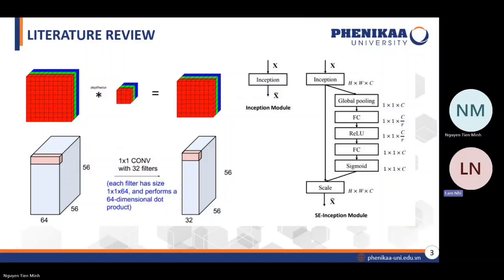Separable convolution is a type of convolution that splits the standard convolution into two steps. Depthwise convolution applies one filter per input channel to capture spatial features. Pointwise convolution, one by one, combines information across channels.